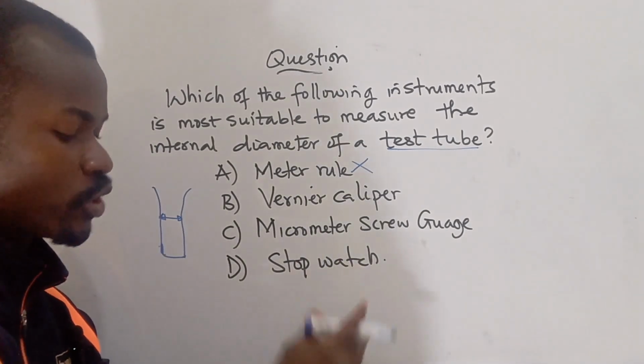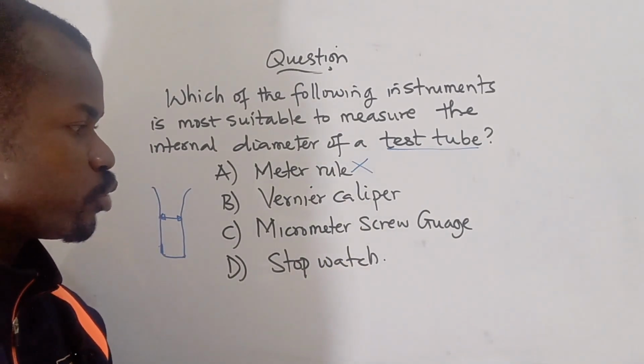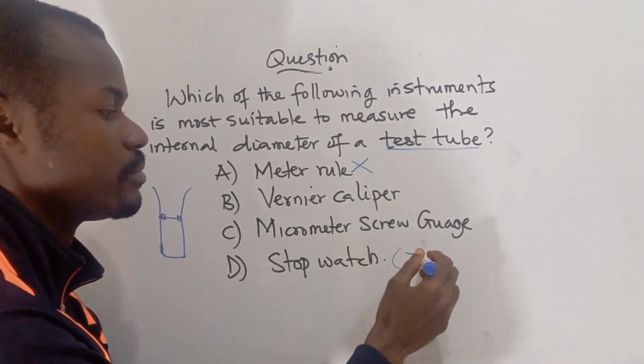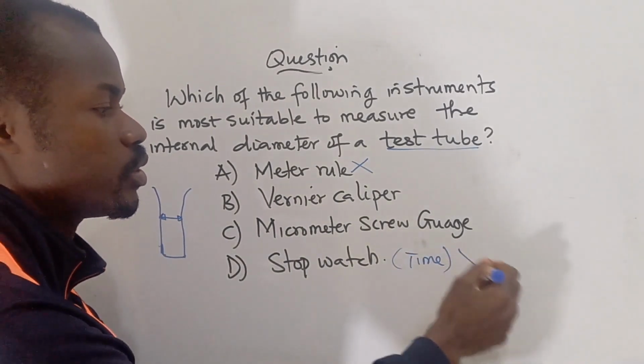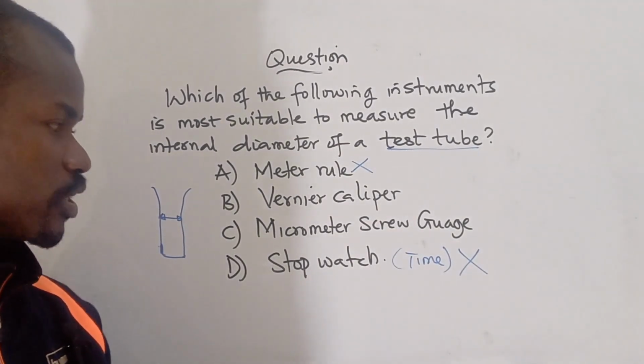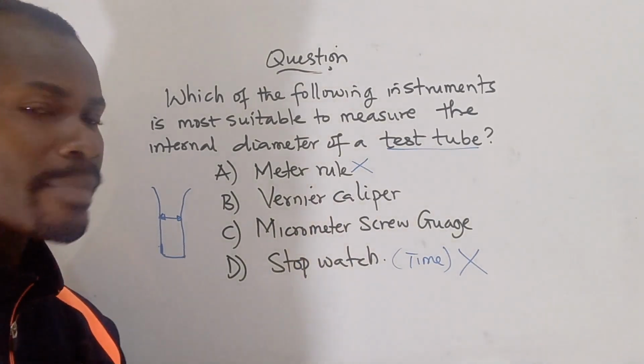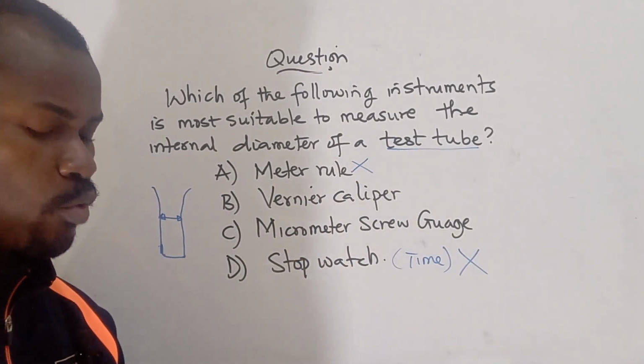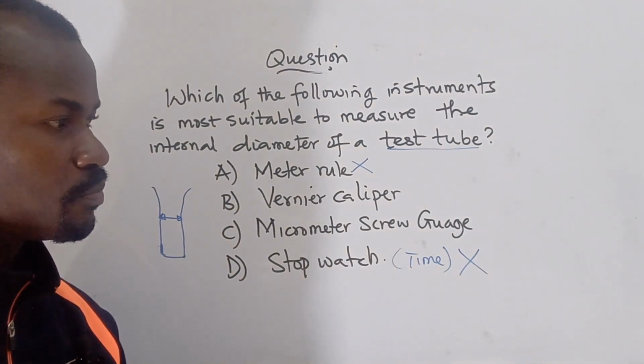What about stopwatch? We know stopwatch is usually used to measure time, so it's not going to work either. Now the question is between vernier caliper and micrometer screw gauge.